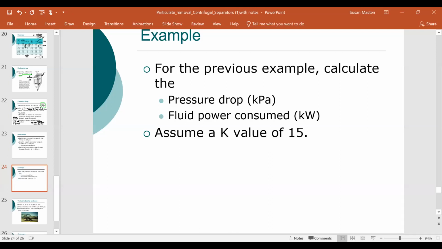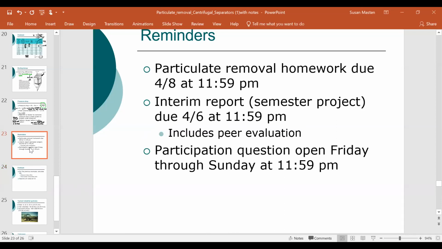So just a few reminders. The interim report is due on Monday at 11:59 p.m. and that includes your peer evaluations. So please make sure to submit both of those by 11:59. The participation question is open and will be open through 11:59 p.m. on Sunday.